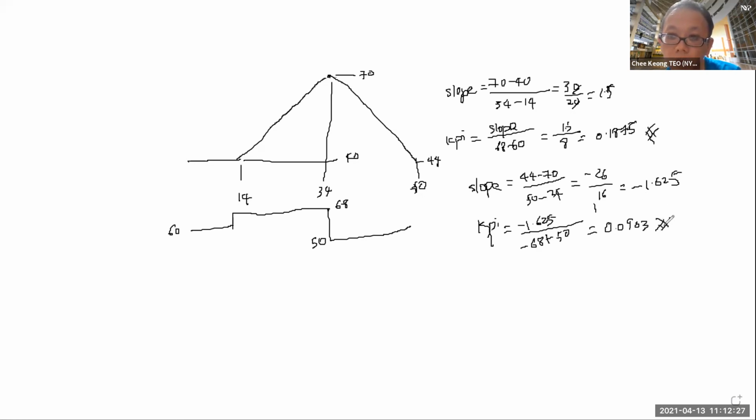So you take the average of the two: you add the top one, 0.1875, and divide by 2. So your average KPI will be 0.139. So this is your average KPI. Okay, with that, let me go back to see whether we get exactly what the answer is.